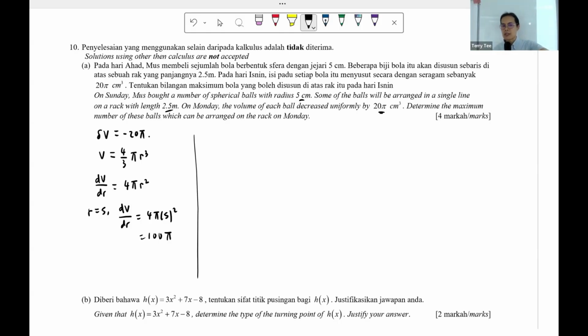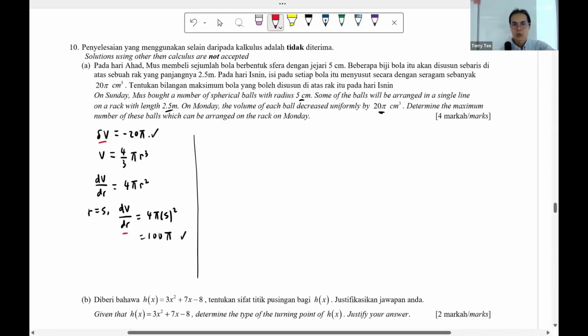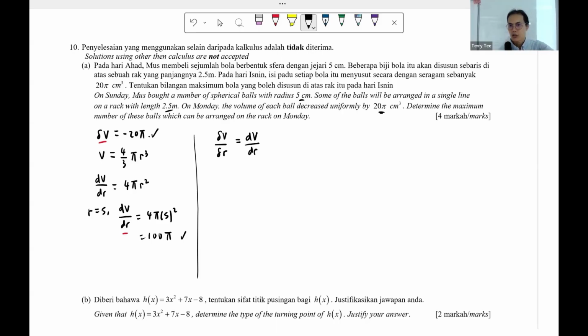Okay, so my question is, what is the relationship between this, remember this? Delta V, dV dr. We know that delta V over delta R is approximately the same as dV dr when your delta R is small, right? Small means like 0.1, 0.01, 0.5, and so on.